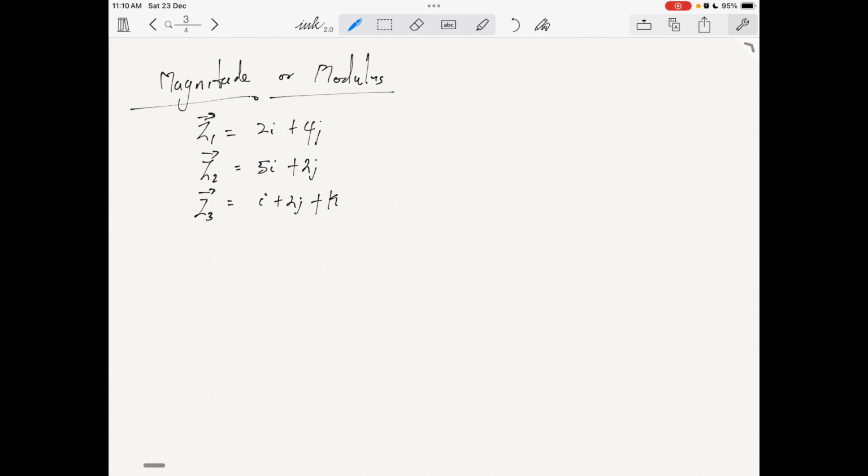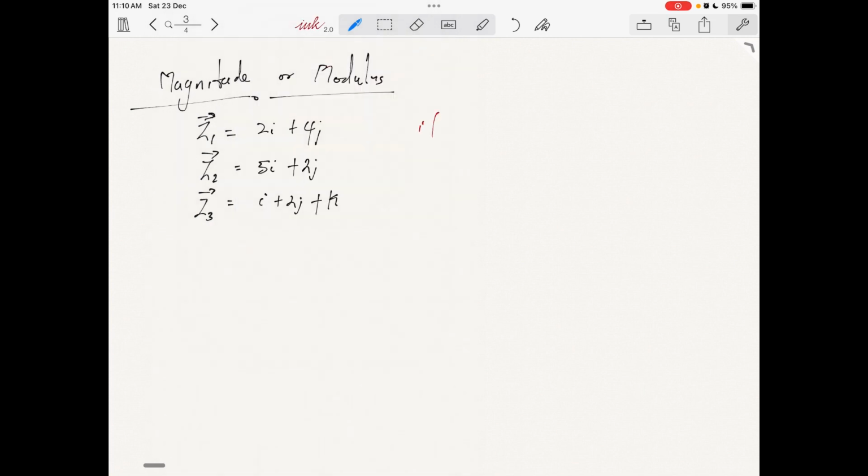Now the magnitude is written as modulus of z, like this, with these two parallel lines at the center. Here is the rule of evaluating the magnitude of a vector.